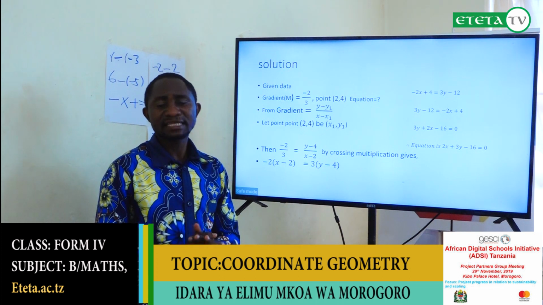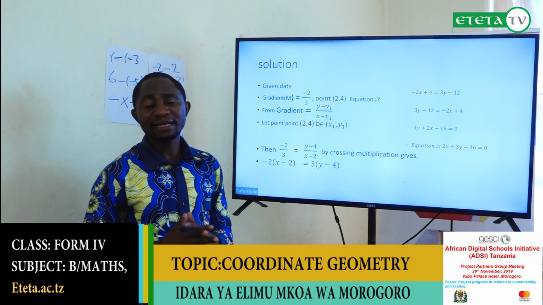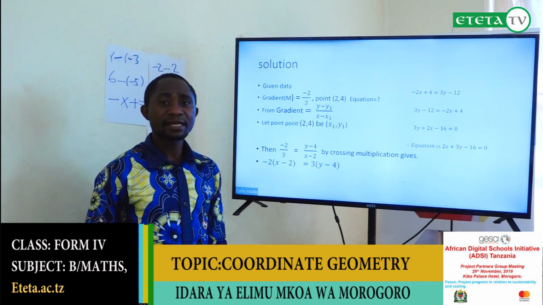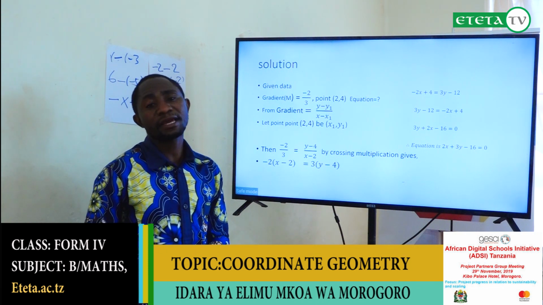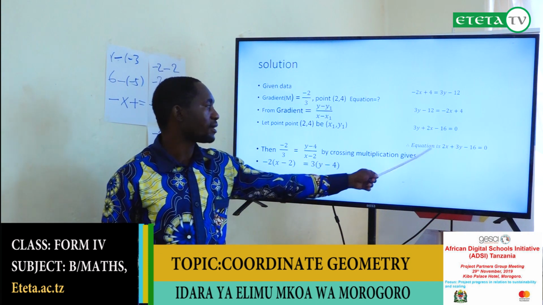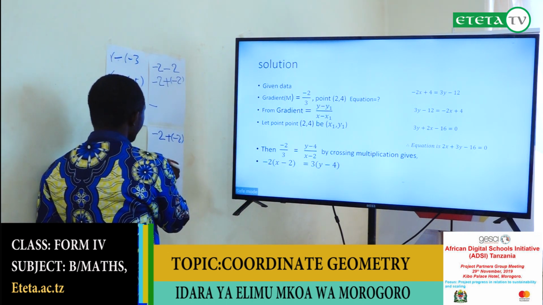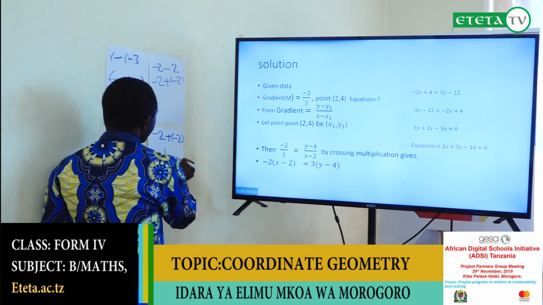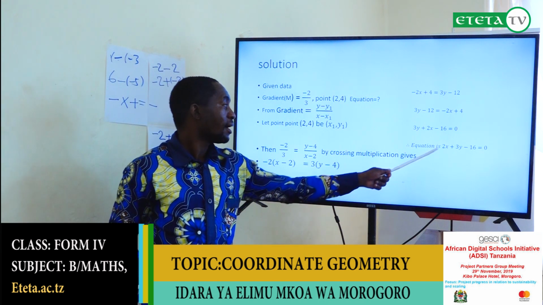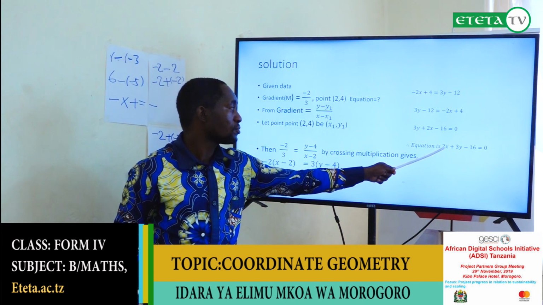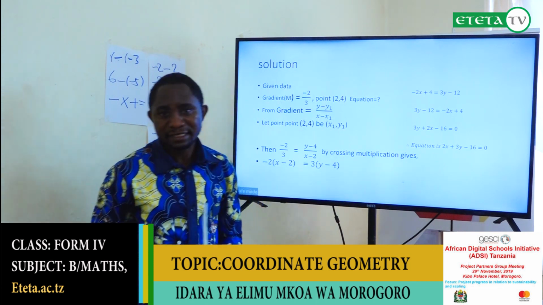Now mind you that an equation can be written in two forms. One, the equation can be written in the form ax plus by plus c equals 0, as this one, where a equals 2, b equals 3 and c equals negative 16.